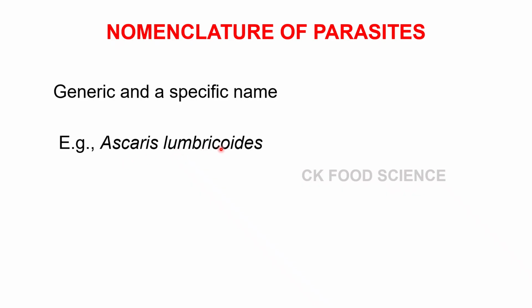Generic and specific names are in italics. For example, Ascaris lumbricoides. It belongs to the genus Ascaris and the species name is lumbricoides. So the genus name starts with a capital letter and the species name starts with a small letter.